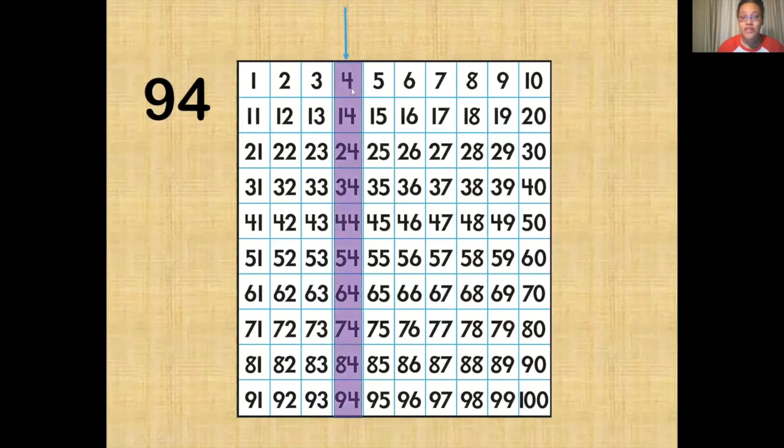If we looked at our 4s column, and then we come down and we find the 94, that's one way to do it. Or we could have gone at our rows, because the 90s row is the last row in this hundreds chart. So you could look using your columns or your rows. Okay, so what's the number after 94?